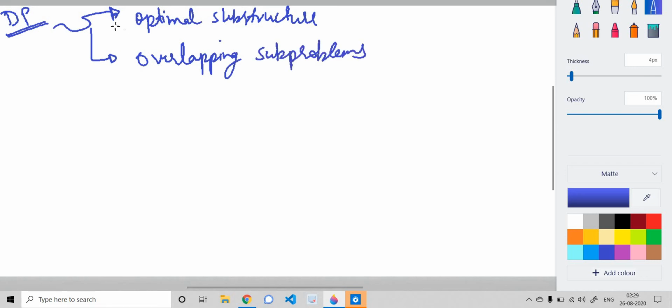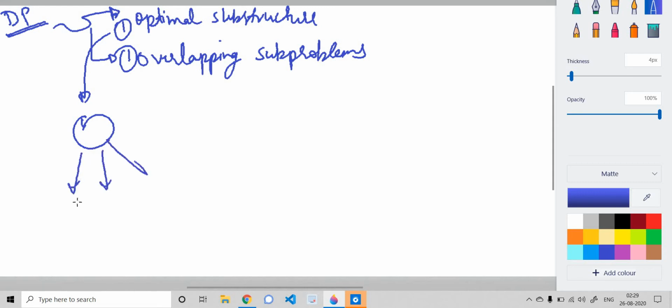By the first condition, what we mean is, suppose we want to find the answer for some recursive call or some problem, and we are making recursive calls on smaller subproblems.